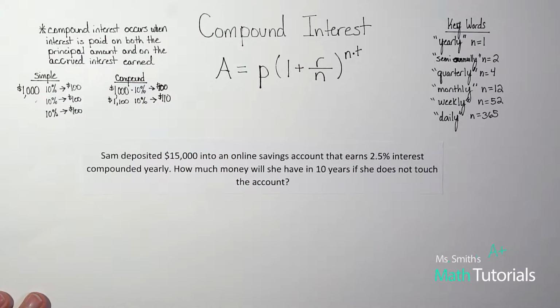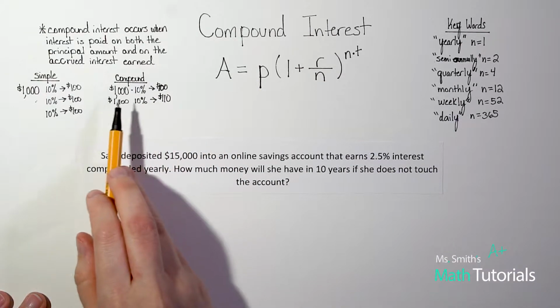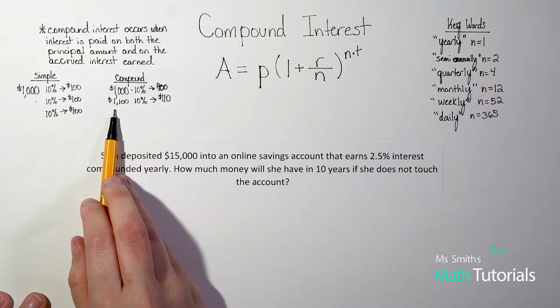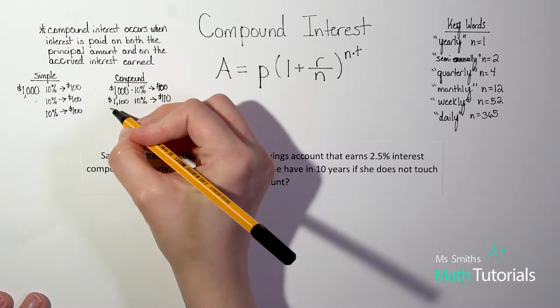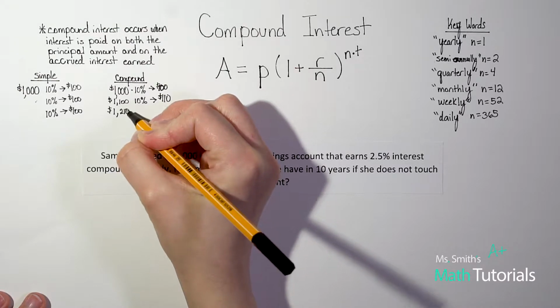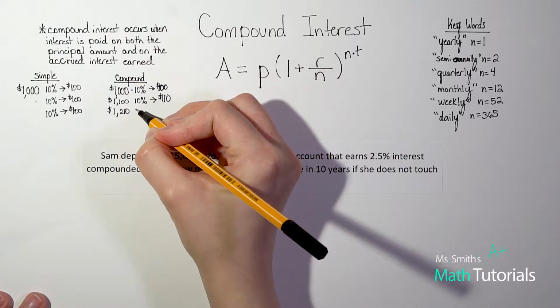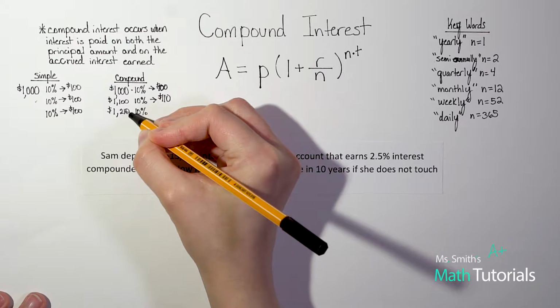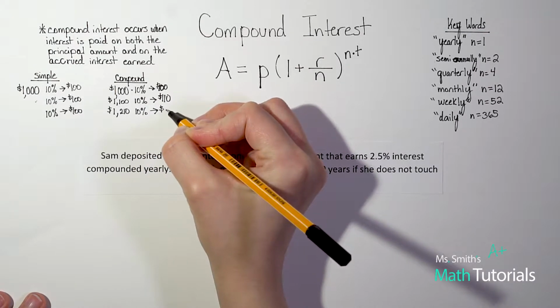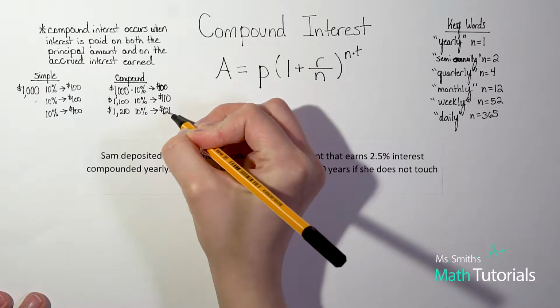And then the next month, I get to add that onto the amount earning interest. So instead of $1,100, now I've got $1,210. So when I earn my 10% interest on that amount, now this month I've earned $121, right?